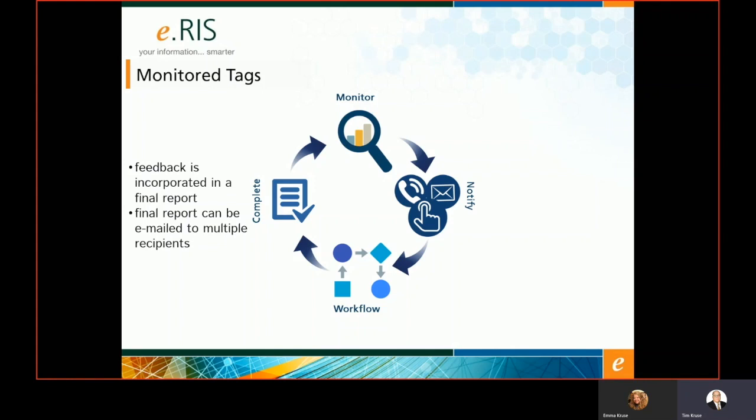So a different set of notification people can be used at that point as well. So this is all about finding issues, notifying people, tracking what was done, and storing or archiving that feedback in a permanent format.